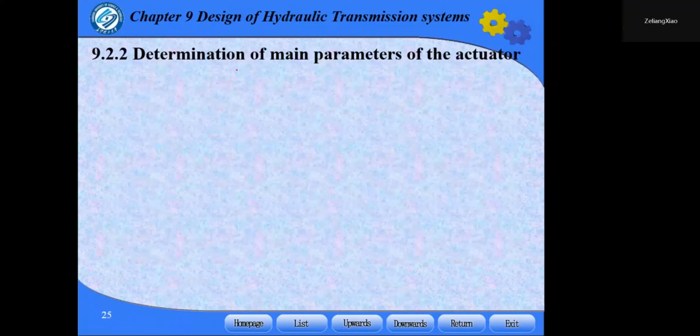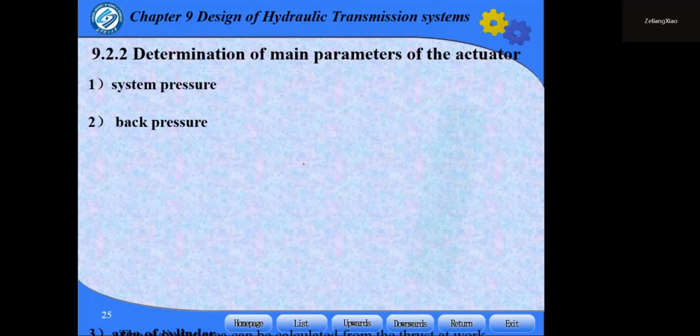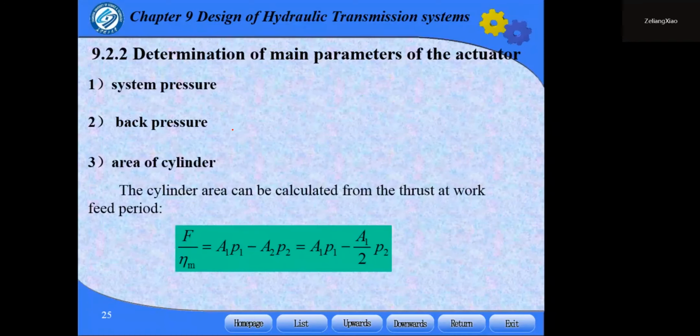Next, which is the determination of the main parameters of the actuator. Let's see the piston pressure, back pressure, and the area of cylinder.